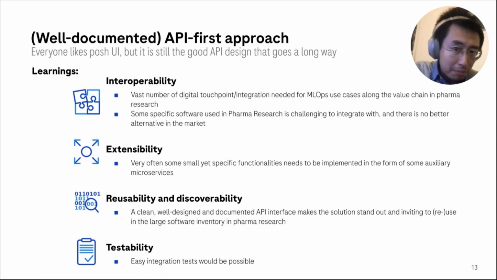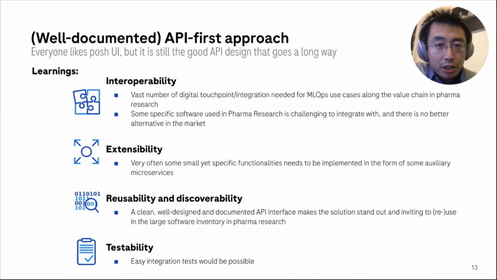I think a lot of people, pardon me, including myself, enjoy using user-friendly UIs. But when you really want your MLOps solution to take root in an enterprise, particularly in pharma research, having a good and well-documented API is going to help you in the following 4 aspects, right? So first, interoperability.